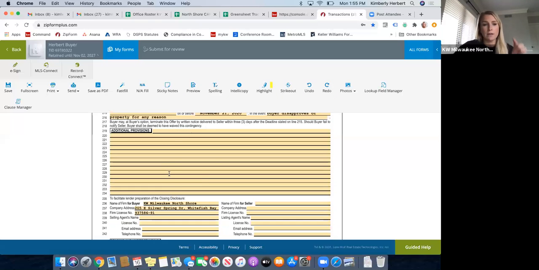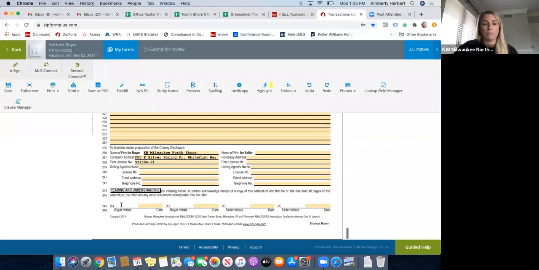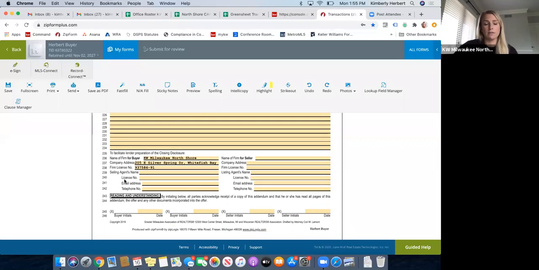And then the last piece of Addendum A is a big additional provisions box, for any additional language you need to add. And then the last piece really is just including information about the buyer's firm and the seller's firm. All this information can be found in MLS.